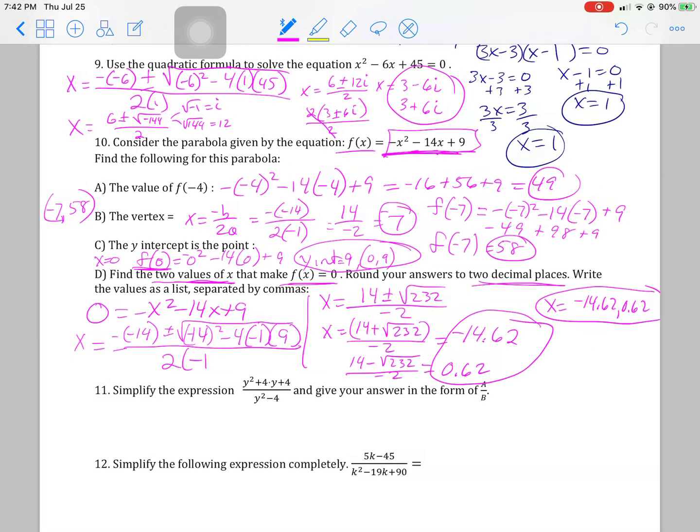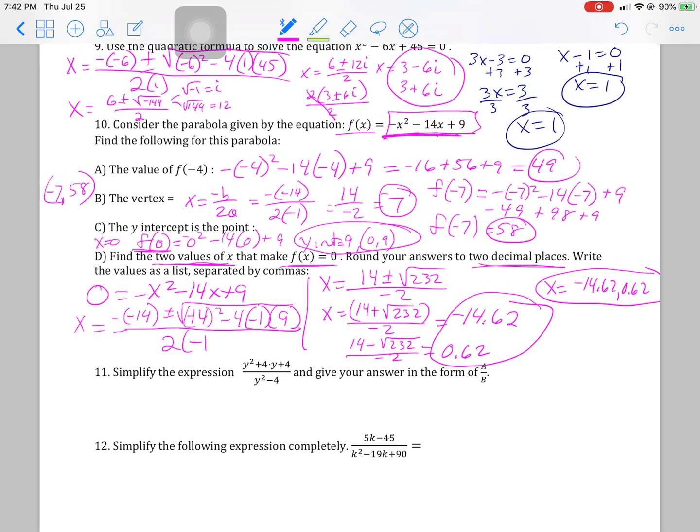It says it's a parabola, but notice it's not a projectile. It doesn't have any context, so he's just asking for both answers. Okay? Number 11 looks a little weird because they put the dot in the middle. It's just a quadratic: y squared plus 4y plus 4 over y squared minus 4. So both of them need to be factored. This is just an expression, a rational expression.